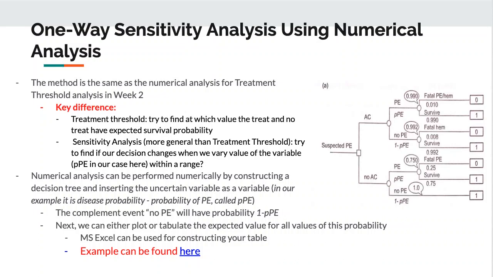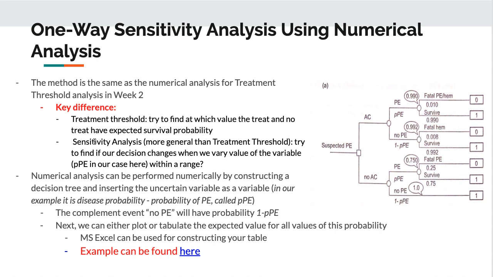Alright, so let's talk about one-way sensitivity analysis using the numerical analysis. The method is the same as numerical analysis for treatment threshold we discussed in week 2. The key difference is that the treatment threshold tries to find the values at which the treatment and no treatment have the same expected survival probability.